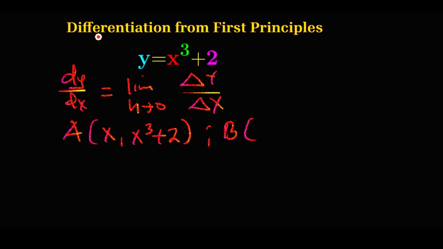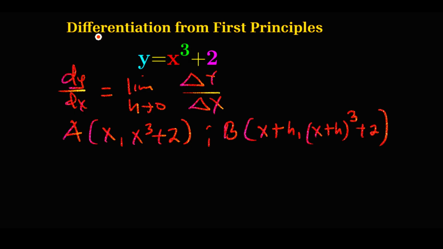We represent that change by small h. So at b, there will be x plus that small change in x, and y for point b will be x plus h cubed, then plus 2.